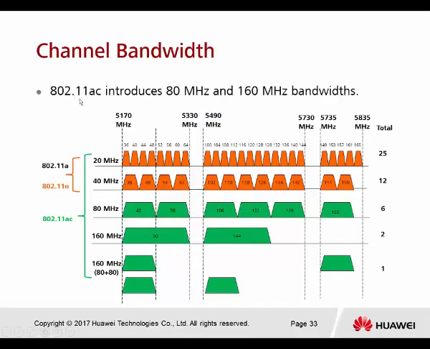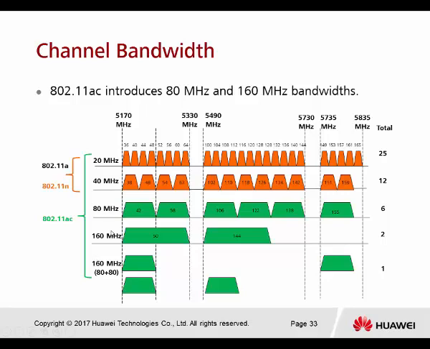So 802.11ac introduced 80 MHz and 160 MHz bandwidth. Only 802.11ac can achieve this kind of channel aggregation up to 160 MHz. So they're doing the channel bonding. As you can see right here, this is 20 MHz, this is 40 MHz, and 80 MHz. 80 MHz combines 4 different channels together.